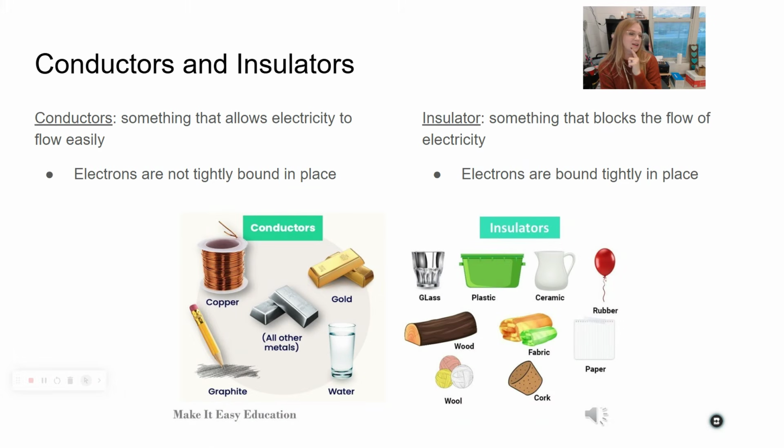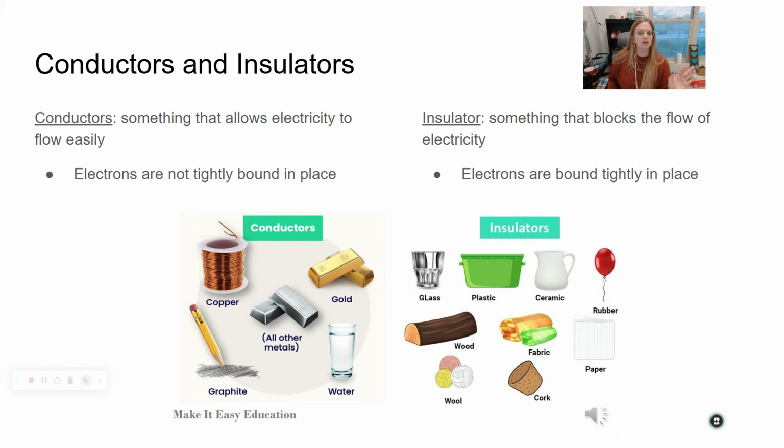It says water here, but it's really like salty water or tap water, not pure water, because pure water doesn't like to have electricity. But regular tap water or water that is in the ocean or in the lakes or rivers have other impurities added into it, so they would be good conductors.